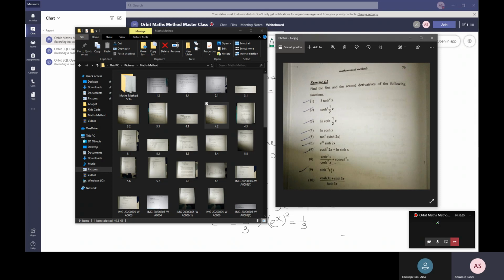Which question should we try to attempt before we round up? You can check a textbook. Is it 4.2? Should we go to 4.3? Or is there a question in 4.1 you think we should attempt and go over?